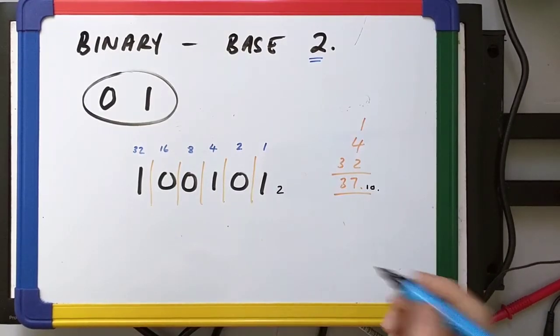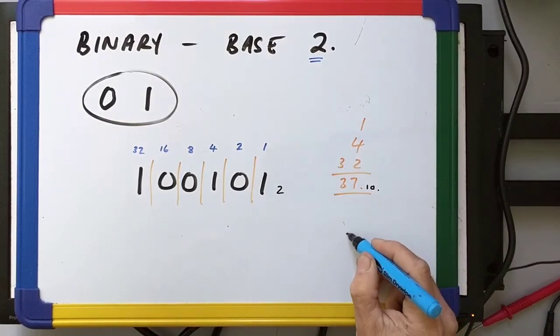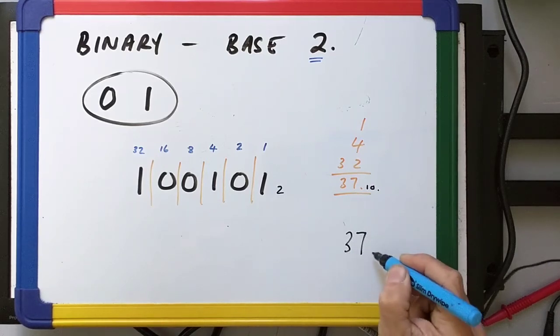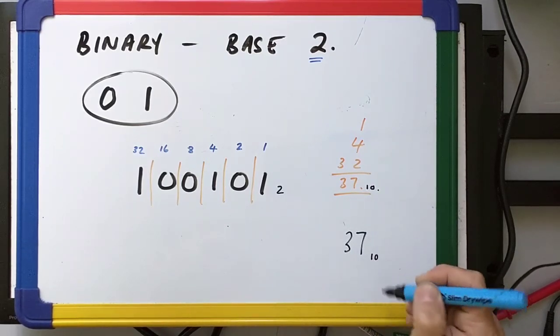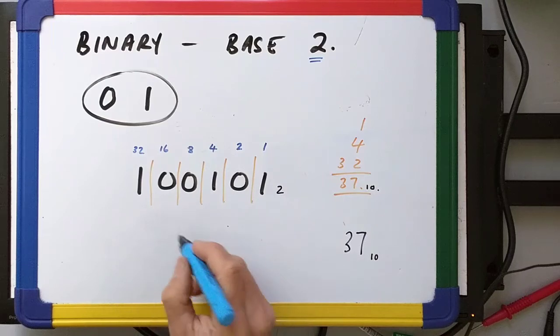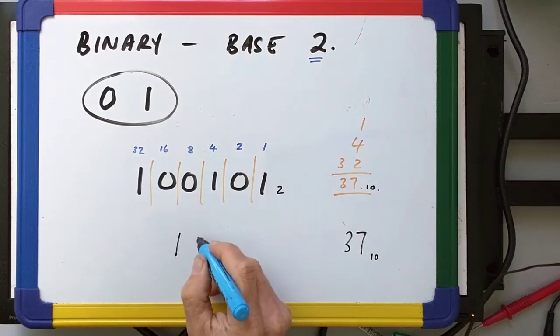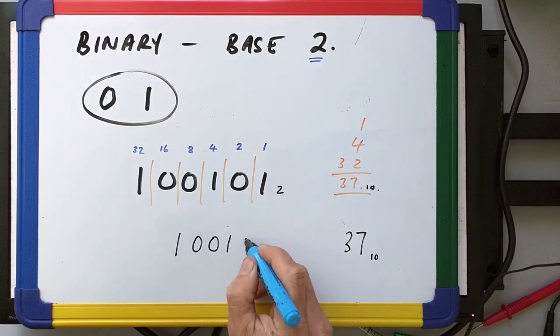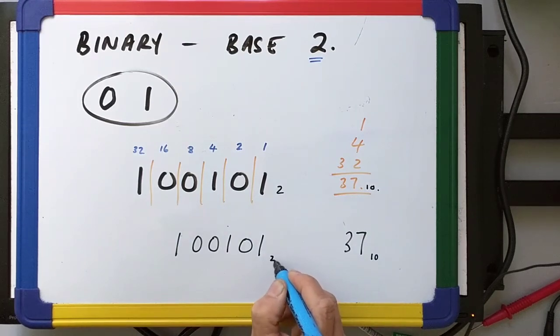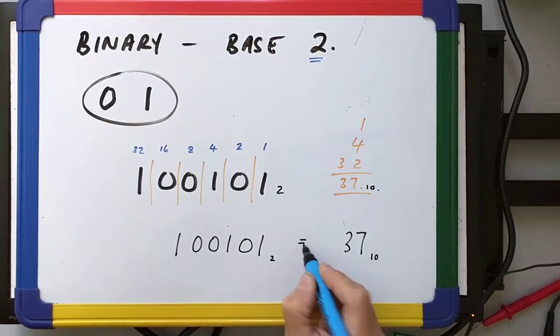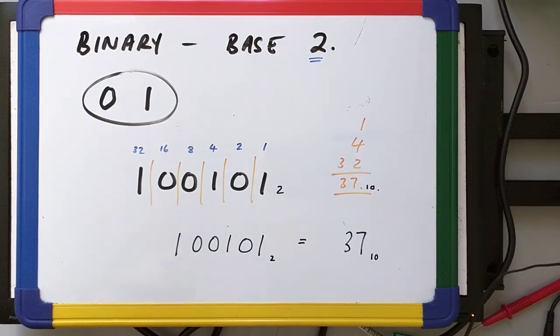So the quantity 37 is represented by this symbol if we're using base 10, as we normally do, and the quantity 37 is represented by these symbols if we're using base 2. These are both the same quantity, just using two different numbering systems. The numbering system we're accustomed to, and the numbering system that computers are accustomed to.